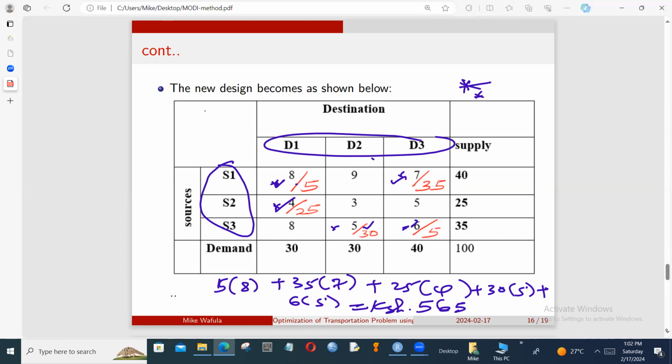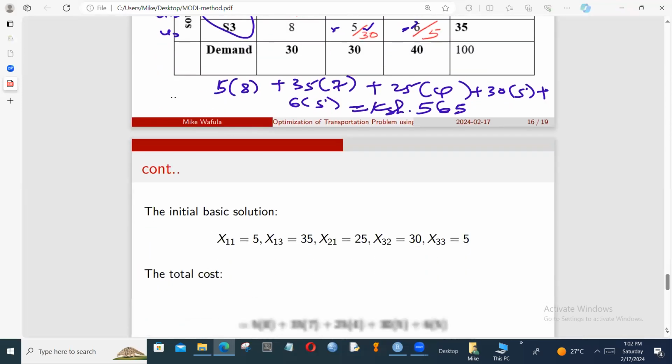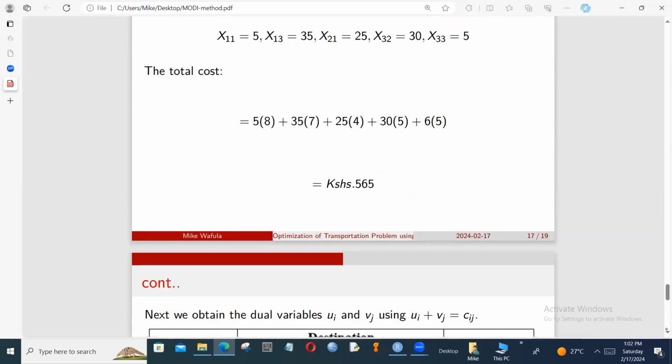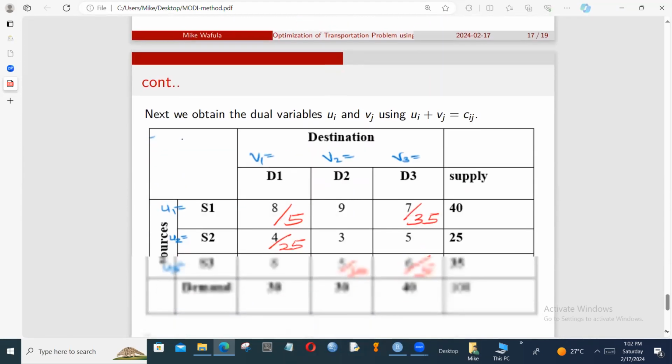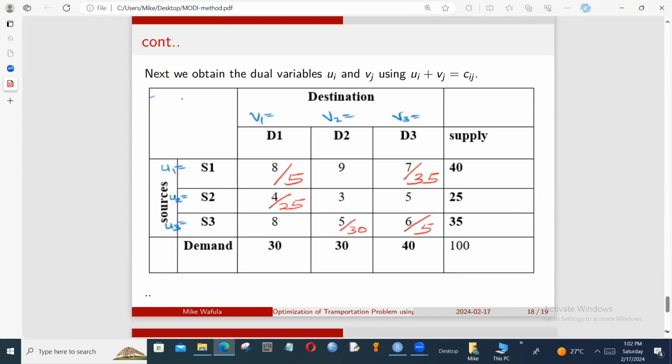So you can begin again labeling V1, V2, V3, and then U1, U2, U3. You have gotten 565, that's correct. Now let's begin creating that new set of dual variables, just to check whether 565 is actually the most optimal.